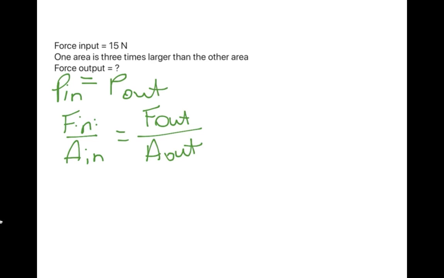So if you go through this in this step as I had, you might get stuck with this, 15 newtons, and then a whole bunch of unknowns, equals I don't know. They're both divided by things that you don't know. All right. This area in, this area out.